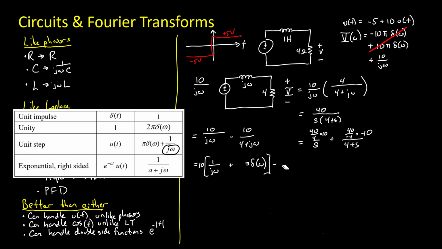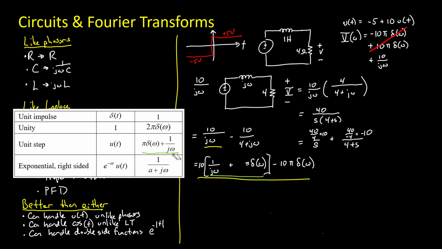So let's subtract 10 pi unit sample of omega. And now this is mathematically identical to this, and this is exactly equal to this entry on the table.